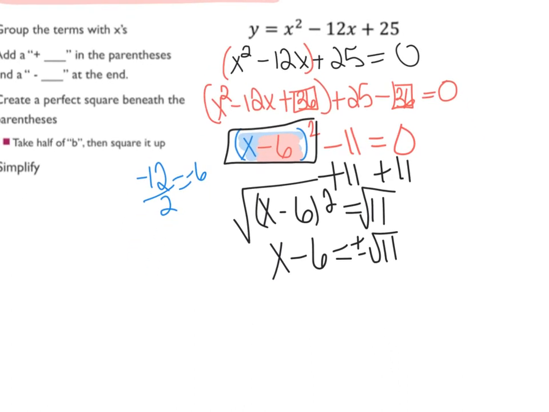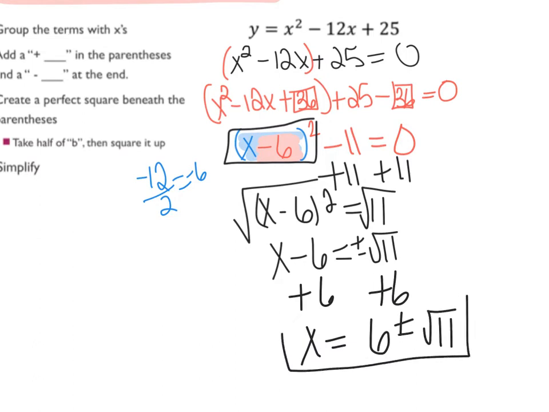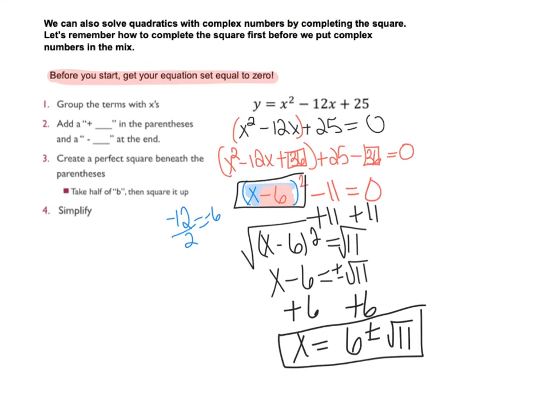Right now there's no negative underneath of the radical, so we're fine to just add 6 to both sides. We can't simplify the radical either, so we're going to have x equals 6 plus or minus the square root of 11. So that was one of the examples that we did with completing the square a couple weeks ago. This is how you actually go through and solve it, by completing the square.